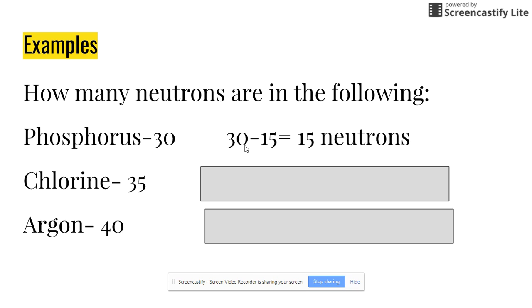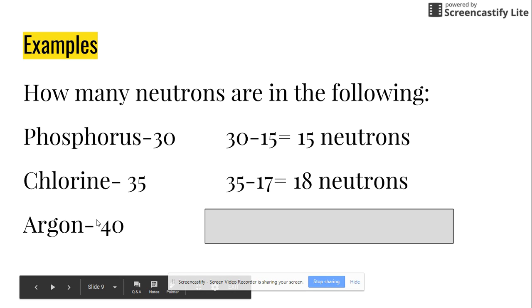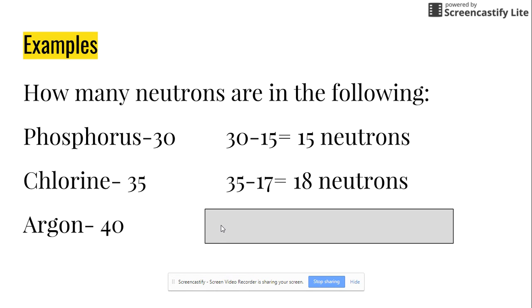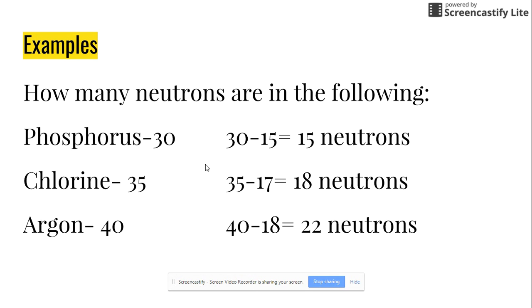So I subtract 15 from 30, and I get 15. So this isotope of phosphorus has 15 neutrons. Chlorine, 35. So 35 minus the atomic number of chlorine, which is 17, gives you 18 neutrons. Argon's mass of 40, subtracting atomic number 18, would give you 22. So that's how you find protons, neutrons, and electrons.